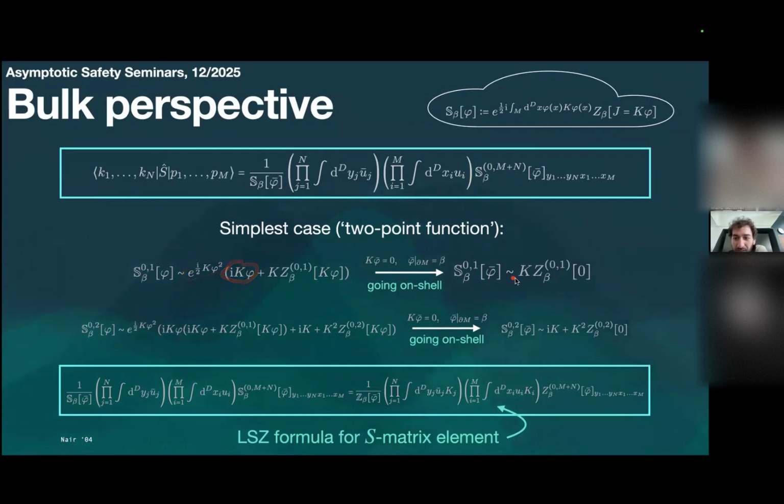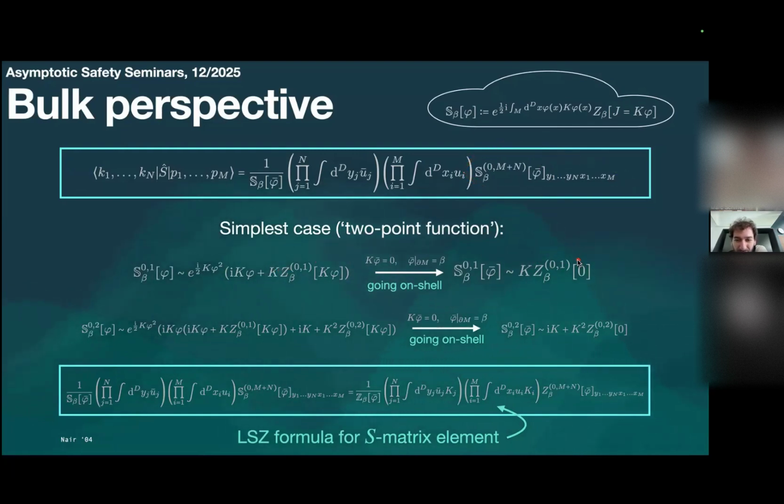So what I recover is k acting on this 1-point function. This is a 1-point function because it's a derivative of my partition function evaluated at source 0. So you can begin to see why this looks like what I have in the LSE formula.